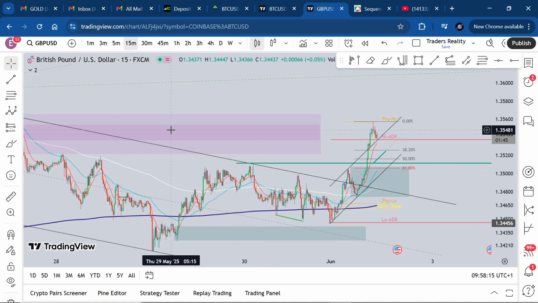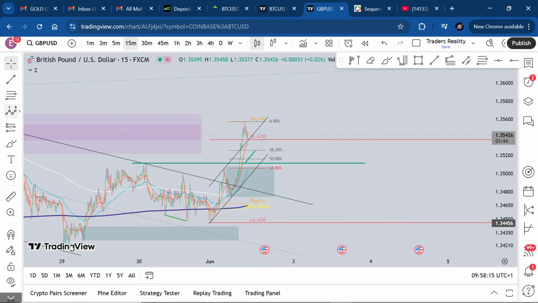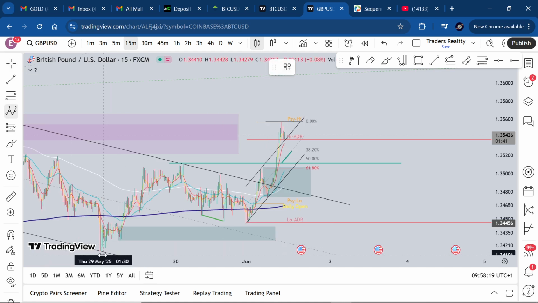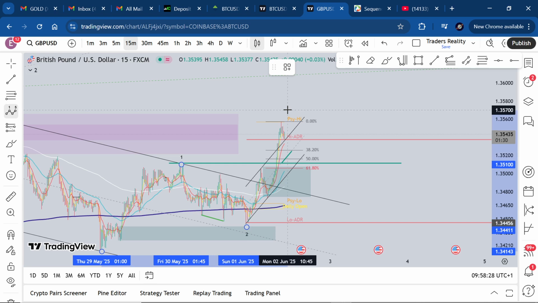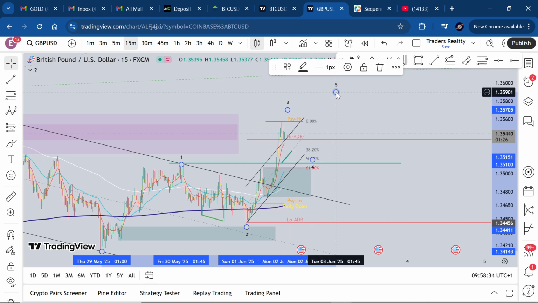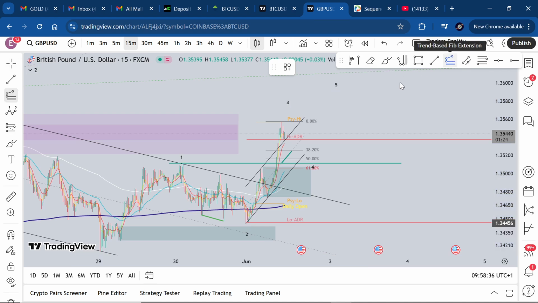I believe this is our first. In fact, let's get that on the chart. I believe that's our first one, here or here. This is our 2. Looking for a 3, a 4, and a 5. Let me get that fib extension.